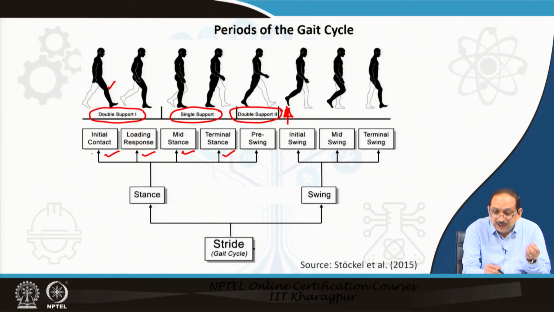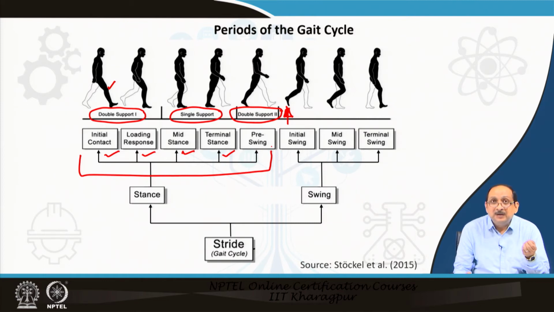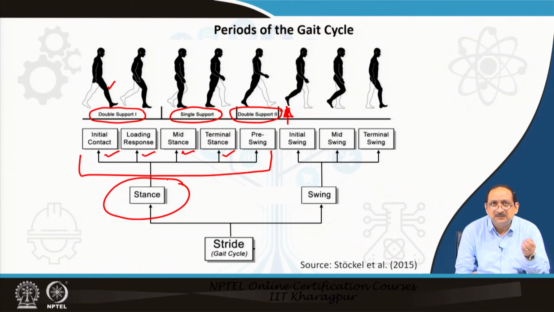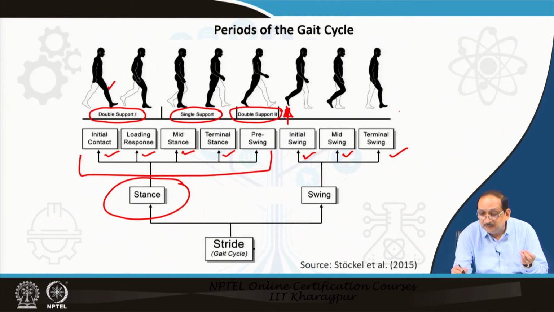From initial contact to the pre-swing phase, it is collectively known as the stance phase. For the swing phase, the right leg goes through the initial swing, mid swing, and finally the terminal swing before it is ready to strike the ground, and that is where the gait cycle ends.